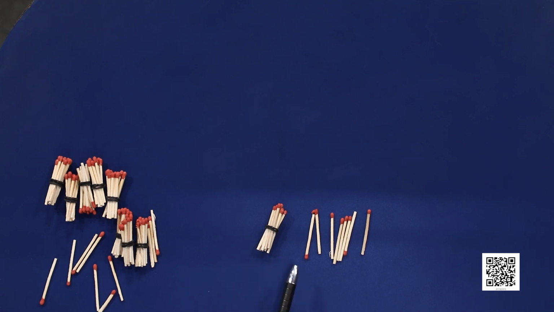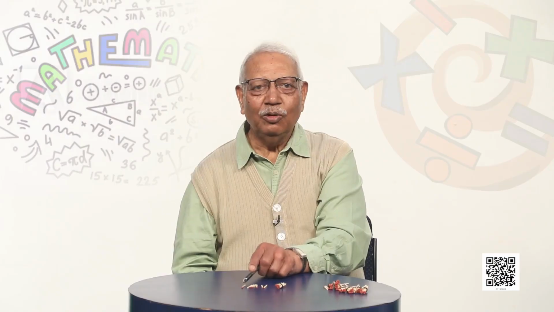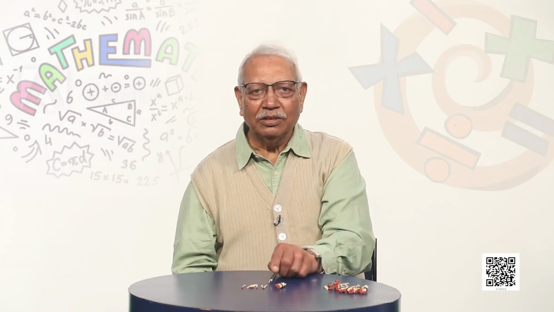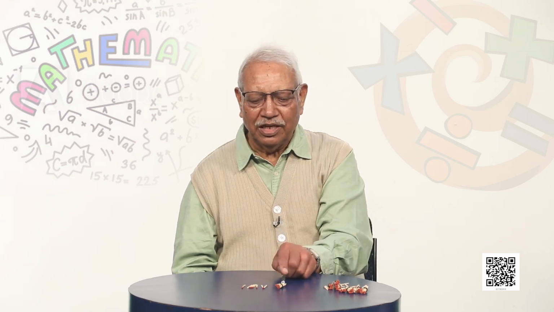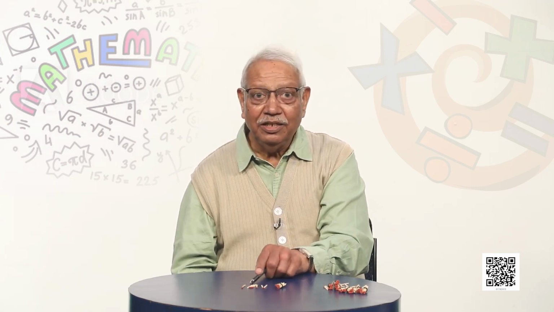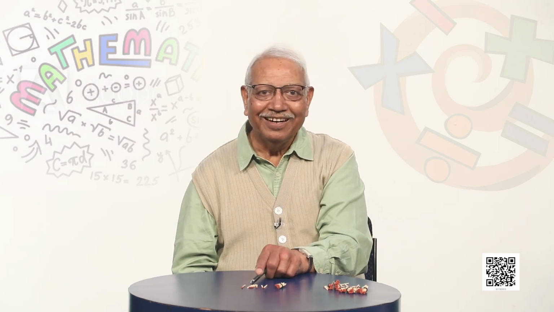So, we will start counting forward from 10. So, 10, 11, 12, 13, 14, 15, 16, 17 and 18. So, in answer to the question how many sticks, we will say there are 18 sticks here.